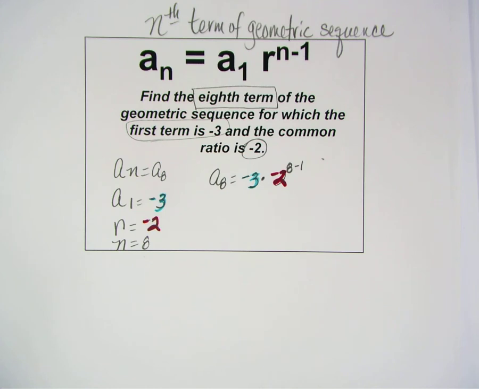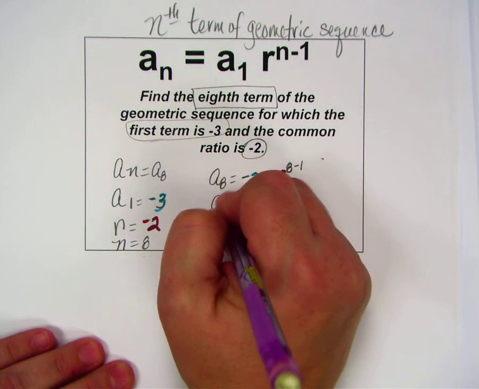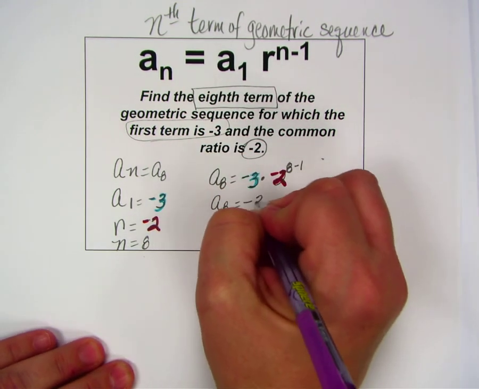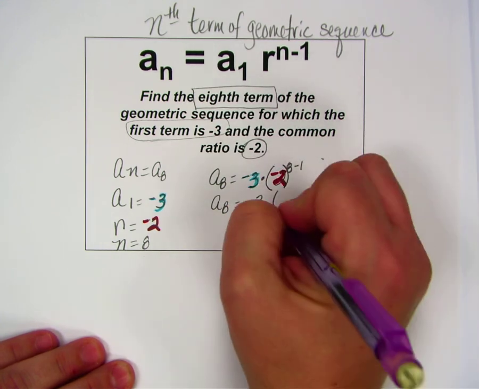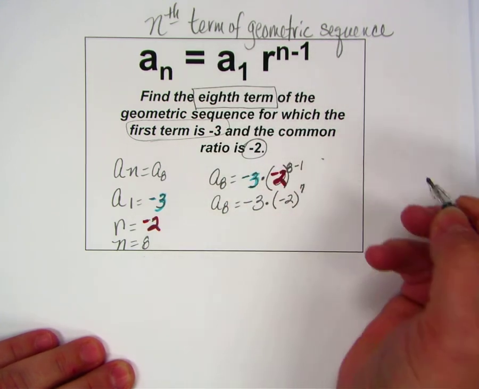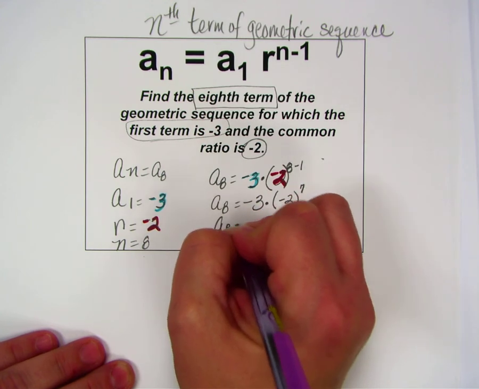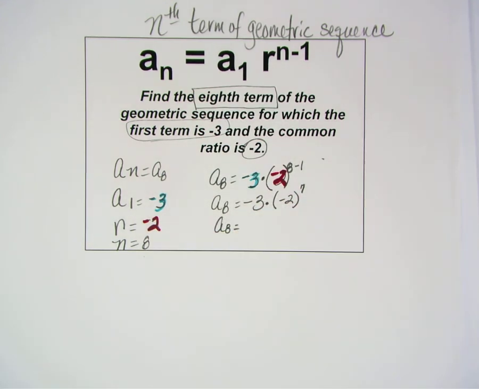Okay, so then we just work this out. The 8th term is equal to -3 times, I should have put that in parentheses, -2 to the 7th power. So -3 times -2 to the 7th power.